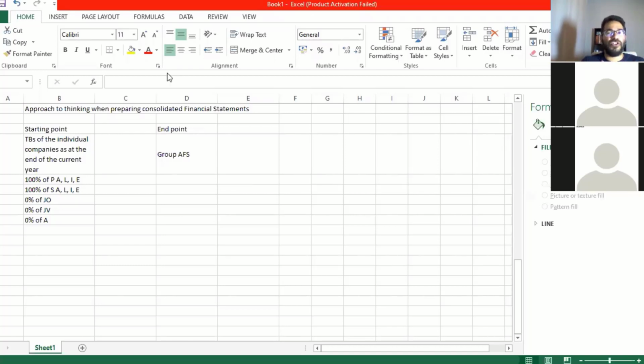But it's definitely not at acquisition. It will definitely not be the beginning of the current year. If you are busy with the beginning of the current year, then yes, but that just means it's the end of last year. So the TB will be the most recent financial statements, which is generally the end of the current year, but to be more general, let's say the end of the current period.